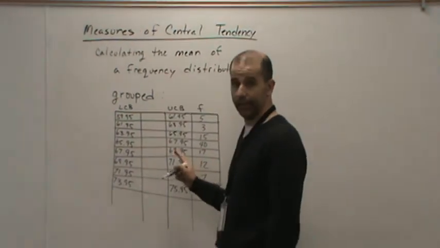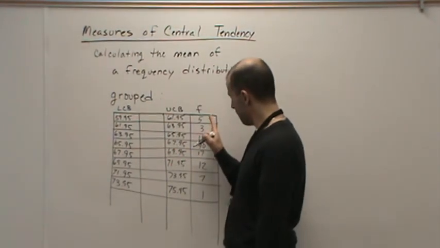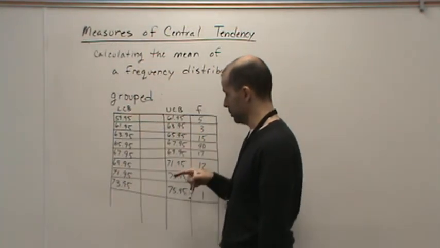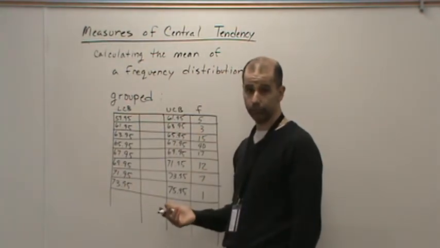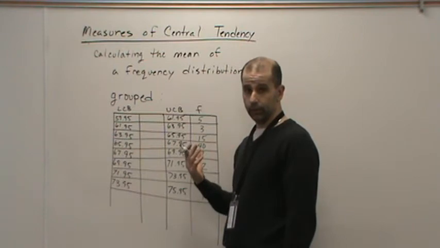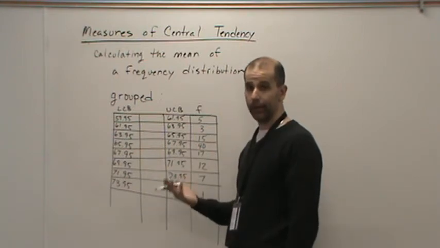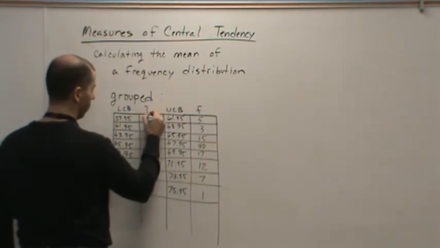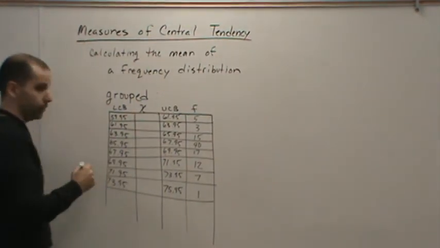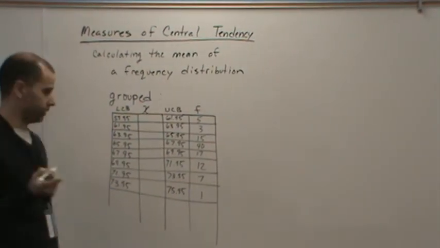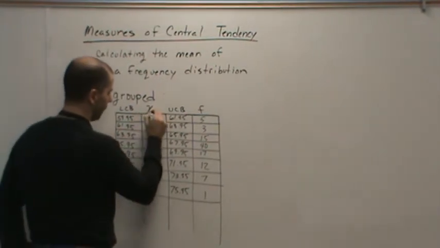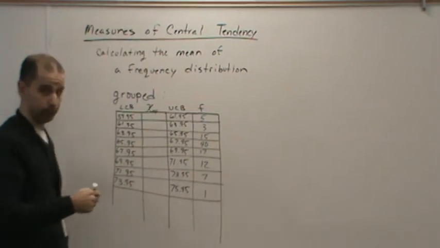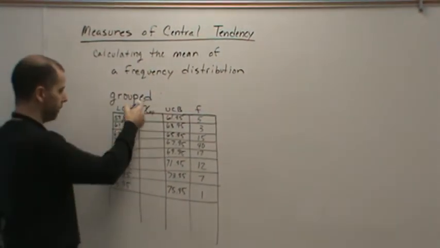Now here's the thing, I know 5 of the values fall between these two numbers, but I don't know what they are. Well, I'm going to end up using the midpoint. So that's what this here is going to be. So I'm going to determine the midpoint. Now there's two ways you can use this. So you can use x sub mp, so mp for midpoint. Okay? So here's going to be the midpoint.